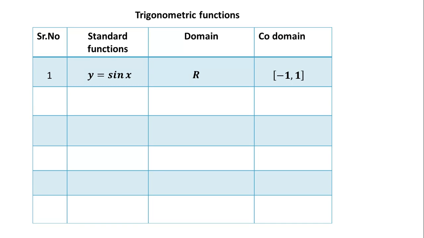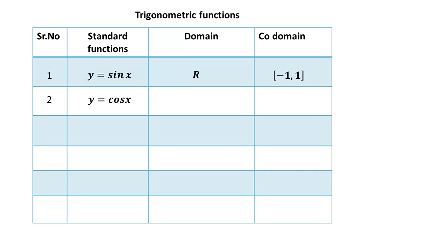That means the value of sin x lies between -1 and 1. Minimum value is -1 and maximum value is 1 for any angle. The value of the sine ratio lies between -1 and 1, so that's why it is called the codomain.